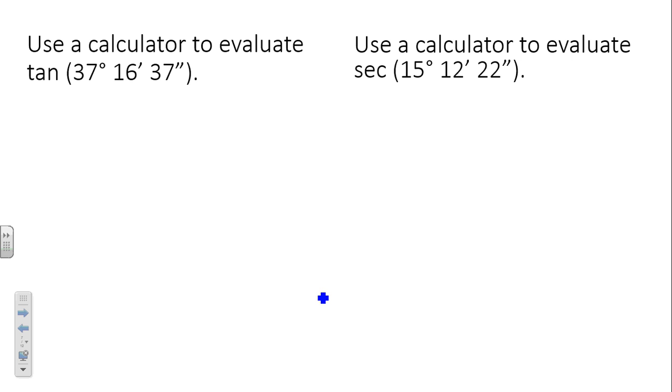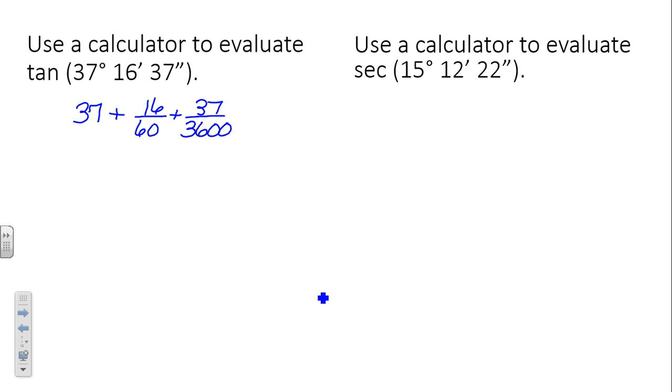Okay, so we have 37, and we need to add on 16 out of 60, and 37 out of 60 times 60, so 3,600 seconds in an hour, one full revolution of our clock. Make sense? It seems crazy on a piece of paper because it's so tiny, but when you think of a global scale, then it's pretty important that we have them.